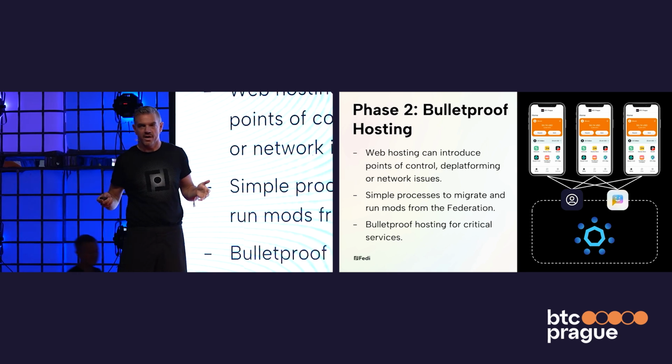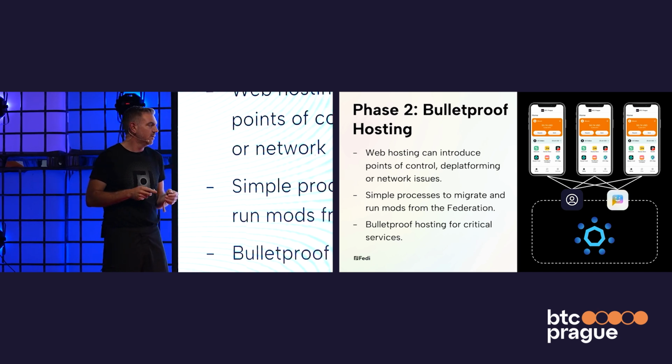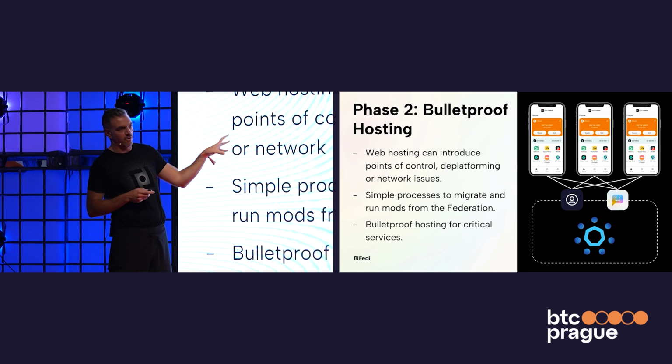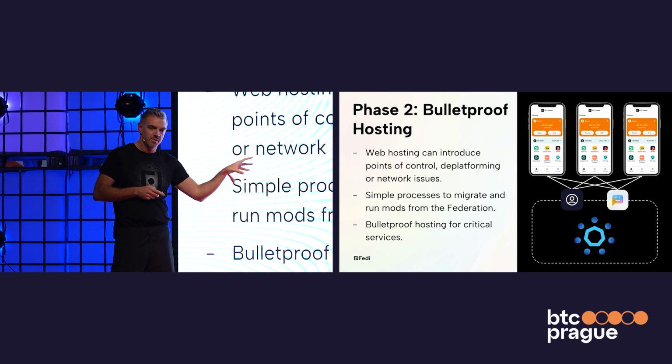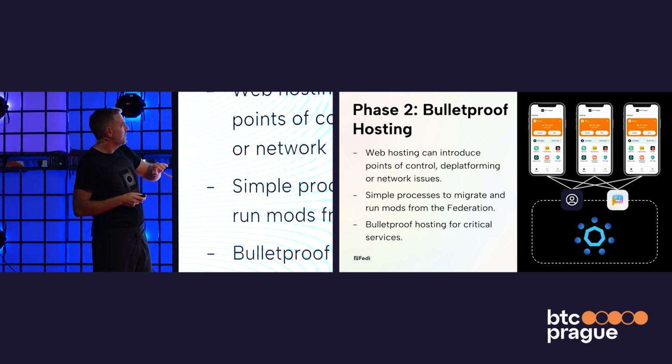So sometimes you might have a much better local area network than you do have your backhaul to the internet. So we're going to move the hosting of those apps onto the federation itself. So that now allows us to fully control where the app runs and what access it has, and then serve that out to our users.